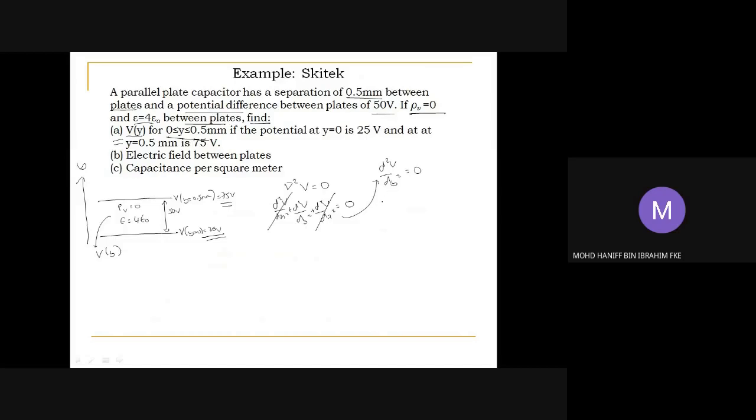So what we have to do is integrate both sides, left and right. For the first integration, we're going to have A, I apologize, my mistake.